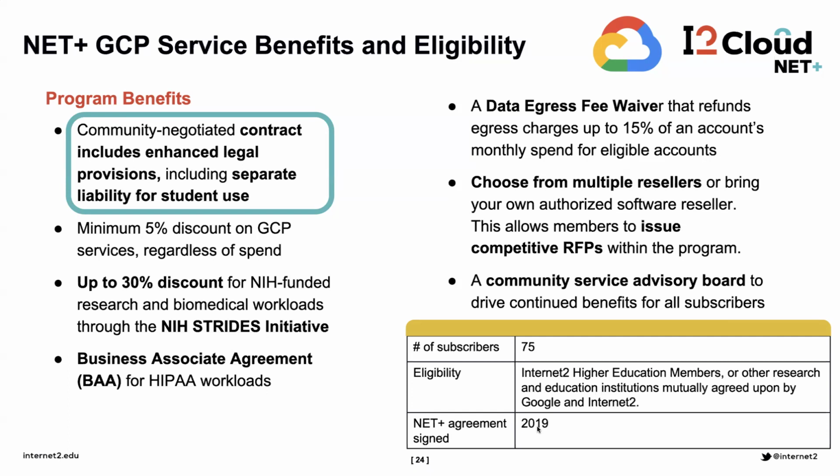One really unique benefit, the value of which can't be overstated on this program, is the liability terms in the agreement. So if you're familiar with how Google Cloud works technically, so if you've worked in Azure or AWS, you know that individuals can get accounts and they're either part of your organization or they are not. Whether it's a choice that you make to bring them in. In Google Cloud, generally all users, unless they're on a personal Gmail account, are going to be part of your organization.